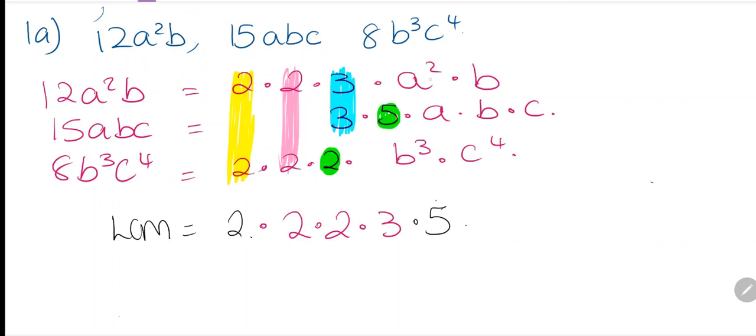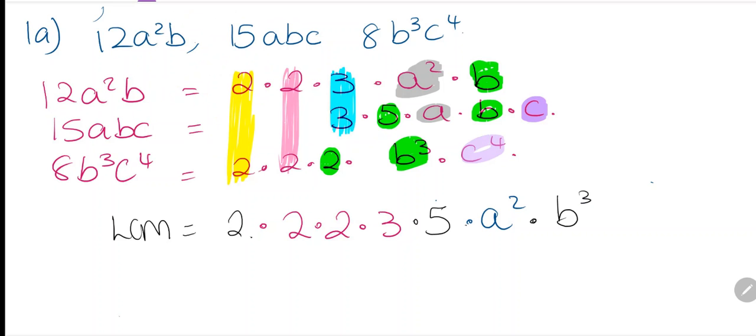Now looking at our letters, we have an a and an a squared, so the highest is going to be a squared. Then if we look at our b's, we have a b, but we have a b cubed, so the highest they all go into is b cubed. And for our c's, the highest is going to be c4.